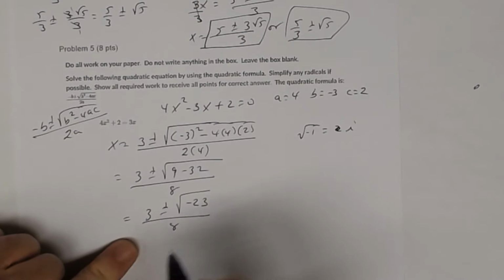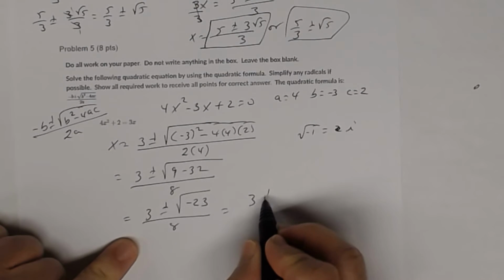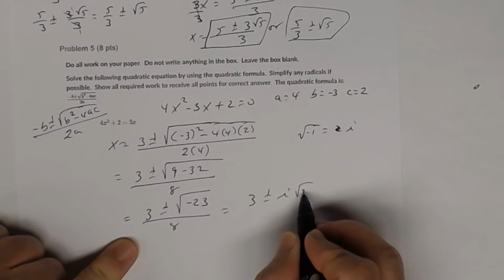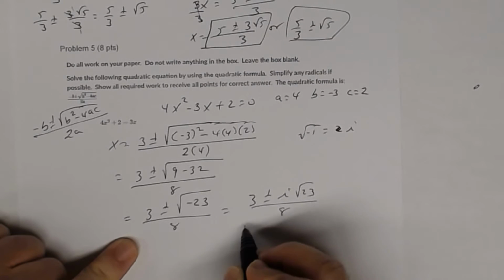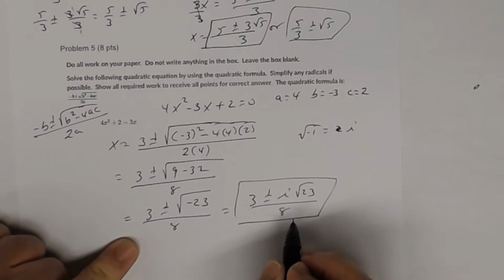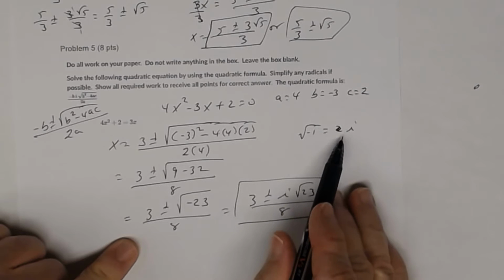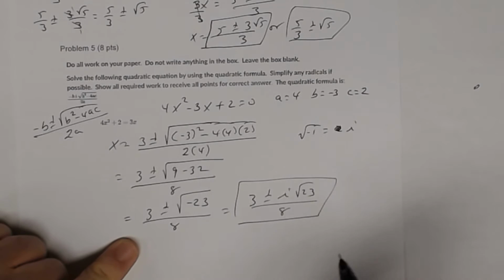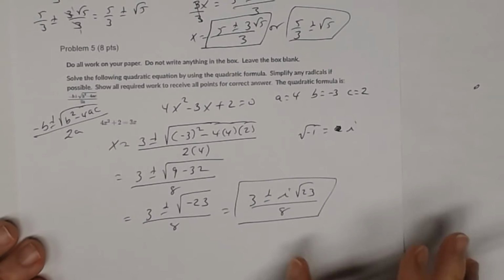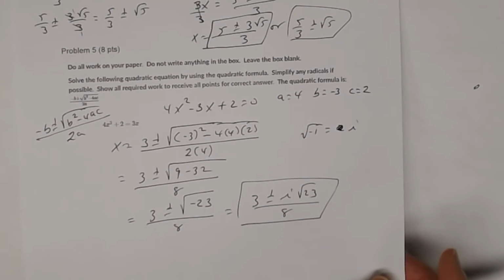So I can rewrite this as 3 plus or minus i square root of 23 divided by 8. And so that's the answer you had to give me. So you cannot leave it like this, because you all know that the square root of a -1 is defined to be i. All right. So that is number 5.